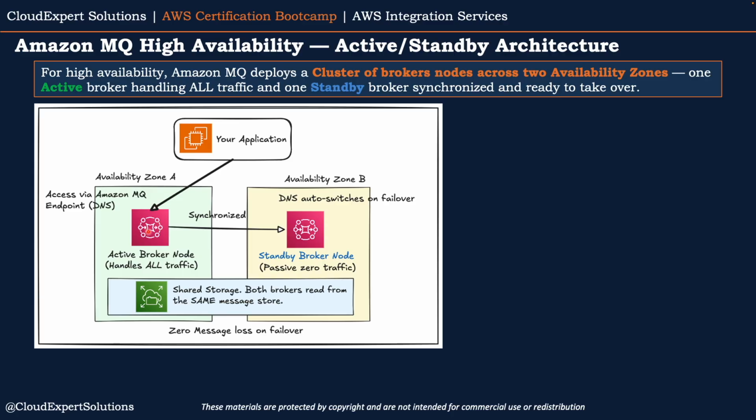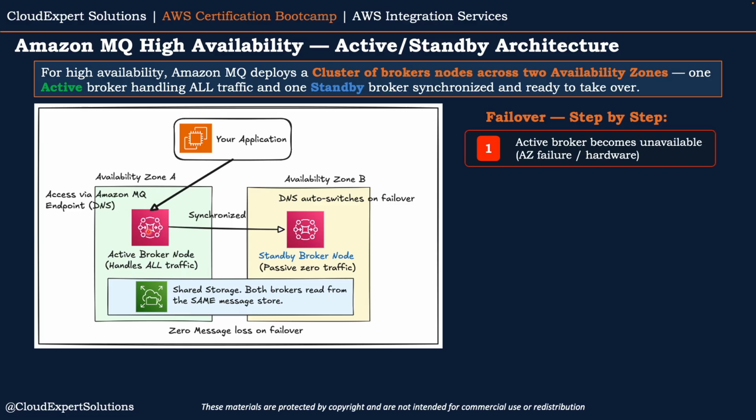Now let's walk through what actually happens when the active broker fails. The active broker becomes unavailable. Maybe the availability zone has an issue, maybe the underlying hardware fails, or maybe AWS needs to perform maintenance. The standby broker detects the failure and automatically promotes itself to become the new active broker.